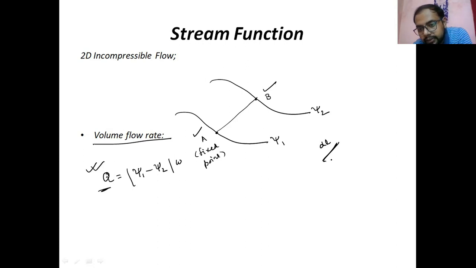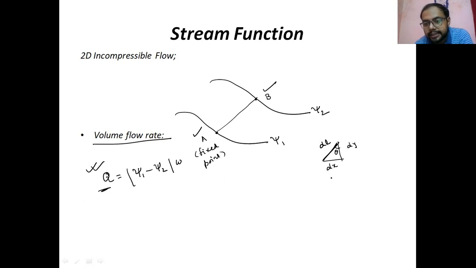So dl has components dx and dy, with an angle theta, so it is like a triangle.